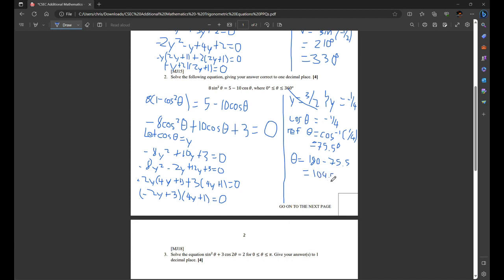Or theta can be equal to 180 plus 75.5. Because remember, these are our formulae for the second and the third quadrants. And if we just quickly type that also into the calculator, that's going to be 255.5 degrees.